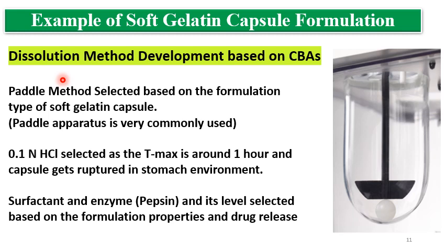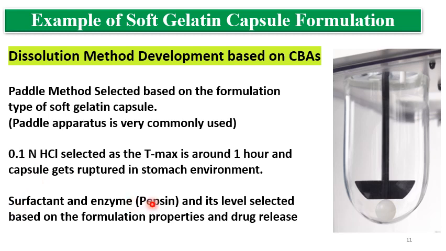Also the paddle apparatus is very commonly used for soft gelatin formulations. Also paddle apparatus is used for rupture time determination. 0.1 normal HCl was selected as the starting media, as Tmax is around 1 hour and the capsule gets ruptured in the stomach environment. So 0.1 normal HCl was selected as a media so that it should have some biorelevance.